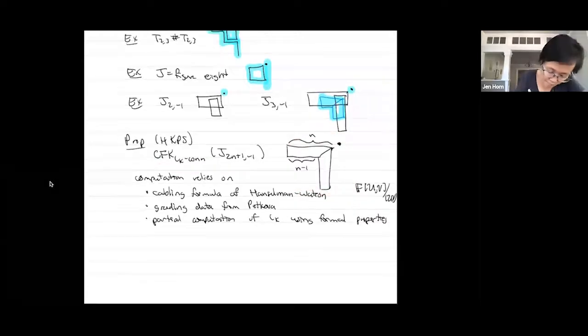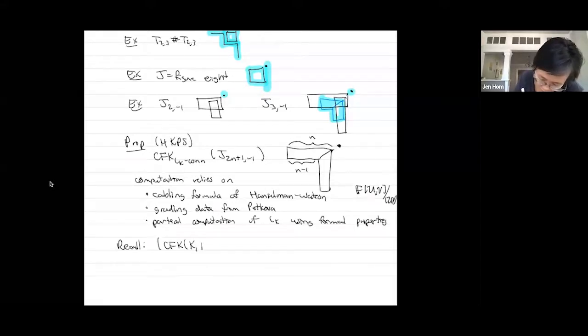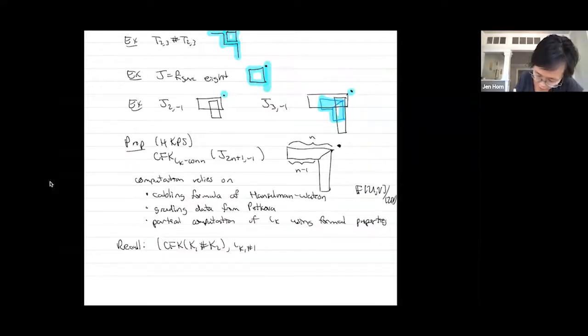So remember, there's a concordance-type formula in knot Floer homology for connected sums. The knot Floer complex of a connected sum of two knots, with involutions, in the involutive setting, is given by what I'll call the tensor product of the corresponding iota_K complexes.